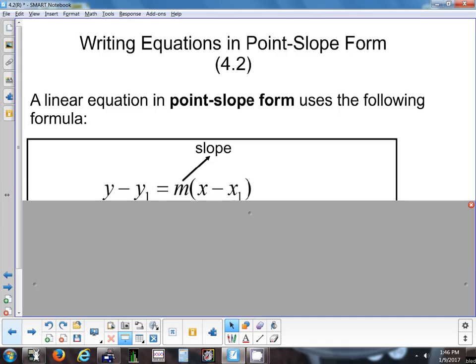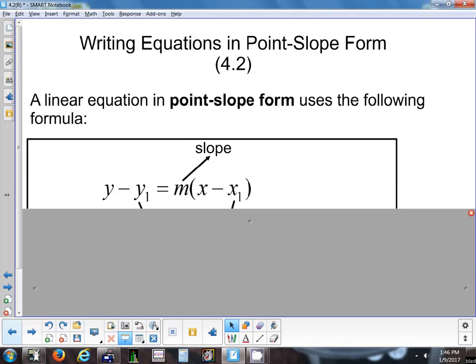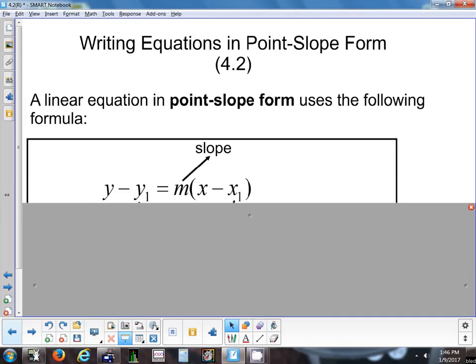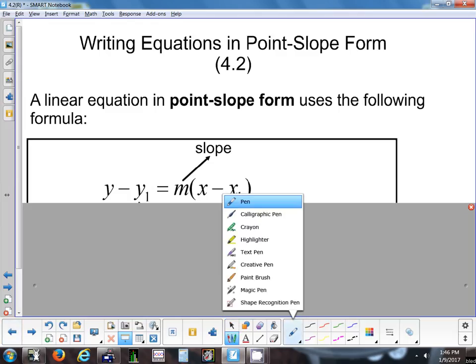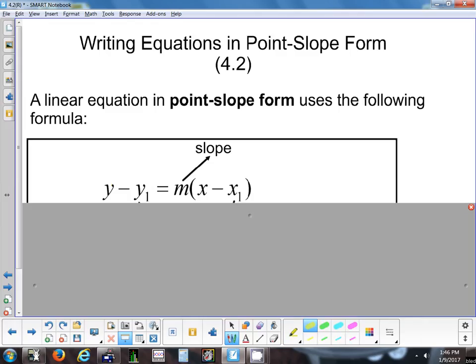So M, we already know what M is. M stands for the slope. It stood for the slope in y equals mx plus b. It still stands for the slope here. Did anybody see any other letters in this formula that we had in the other formula? X. Yeah, we had X, we had M. What else did we have?